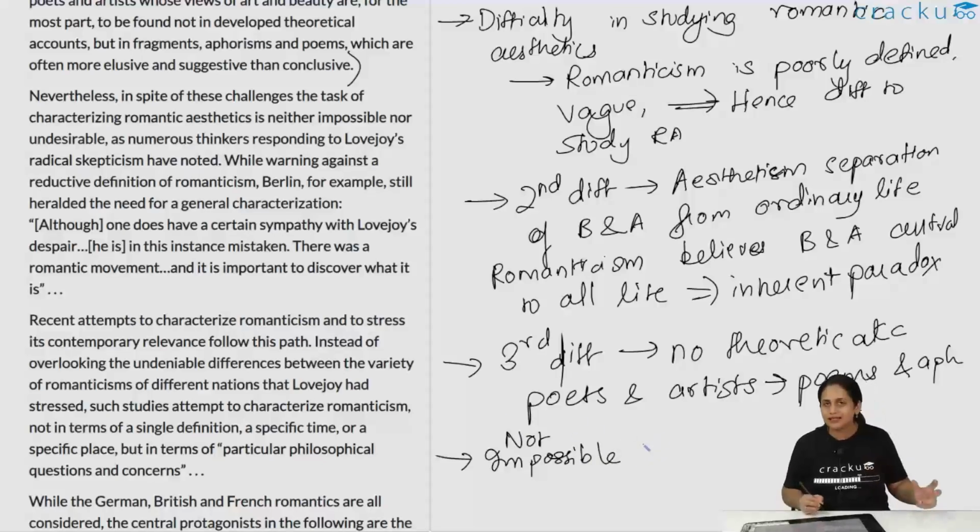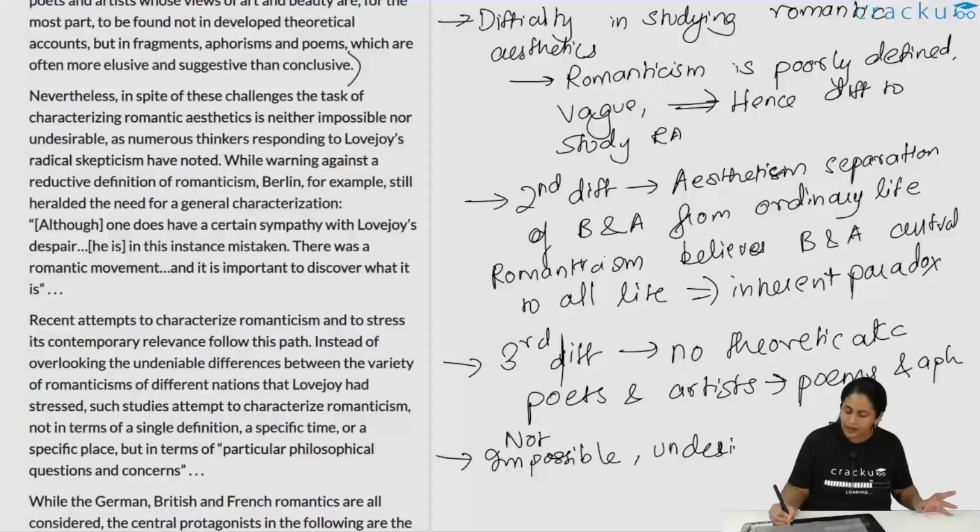undesirable. So what is undesirable over here? Undesirable basically means that doing so would actually harm the subject, or would be detrimental. So the author says that studying romantic aesthetics would not be detrimental. It is neither impossible nor undesirable to study romantic aestheticism, and many people have actually told Lovejoy that.